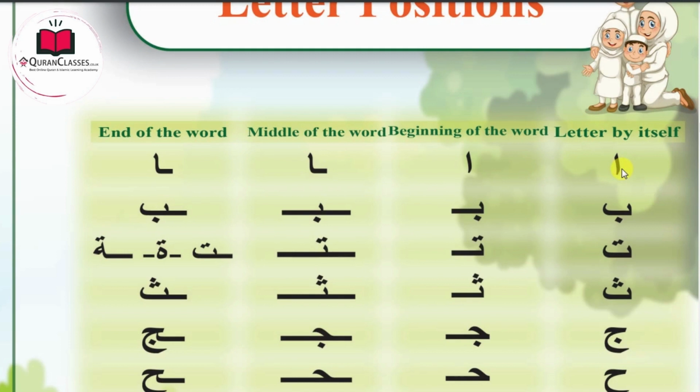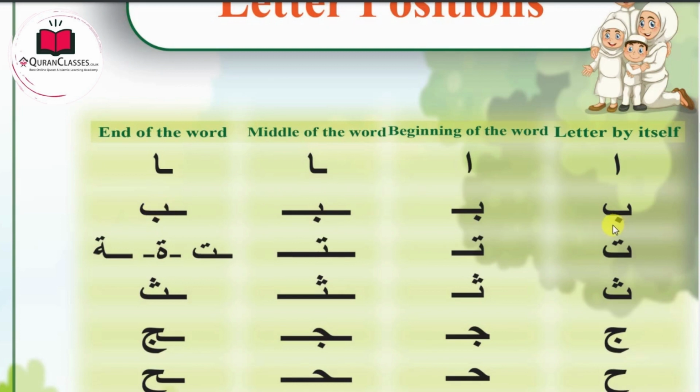This is Alif. At the beginning of the word it looks like this. It's Alif also. In the middle of the word, Alif looks like this, and at the end of the word it looks like this. So the middle and the end of the word are the same.